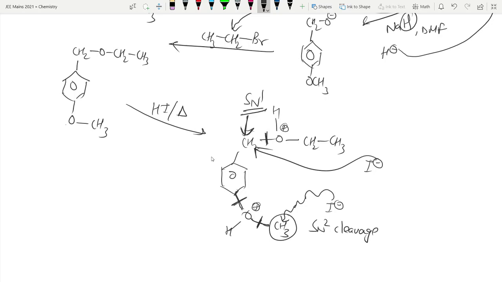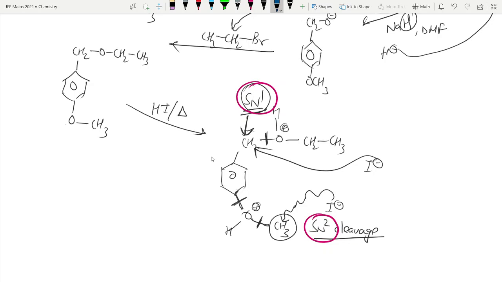If you're not aware of this cleavage of ethers, do go through it, because there are two ways in which an ether can cleave, SN1 or SN2, and this has been asked many times in JEE examinations, advanced or mains.